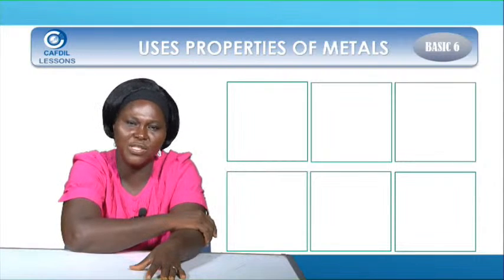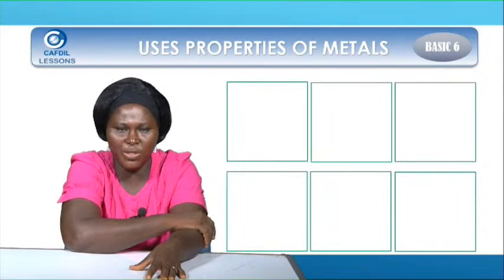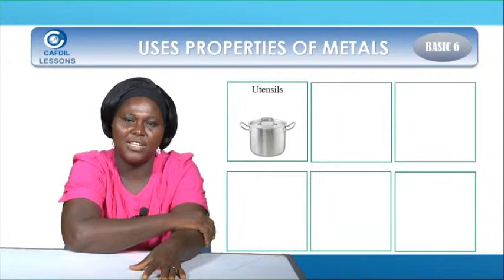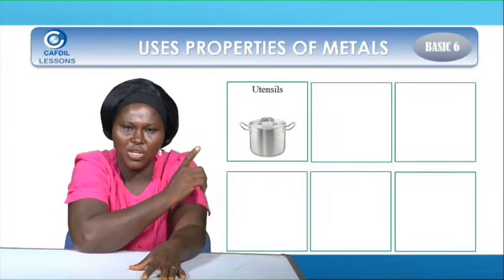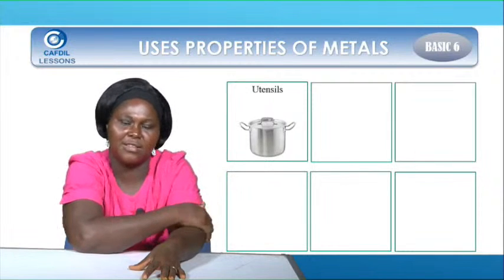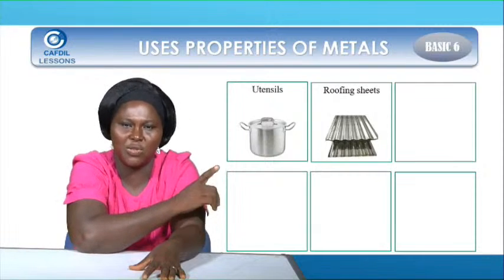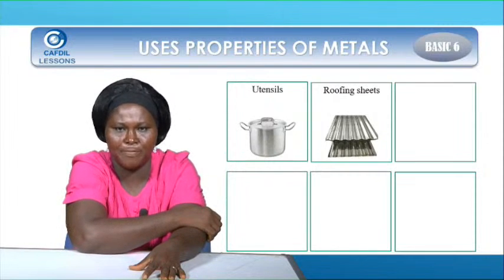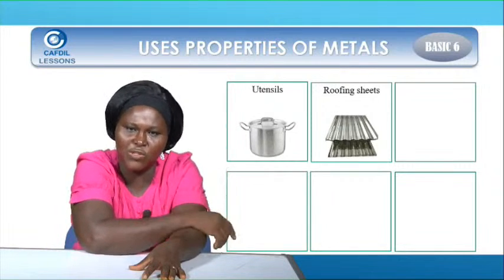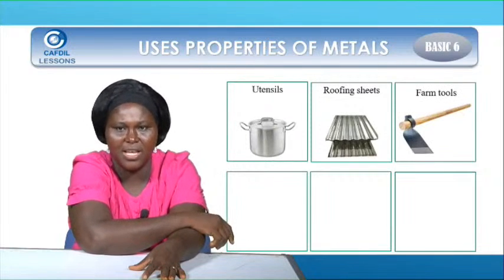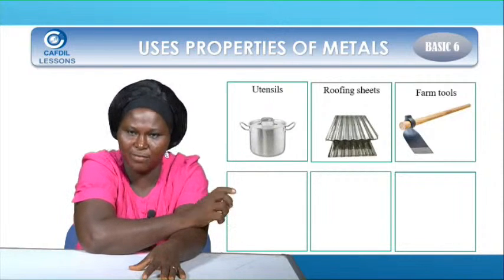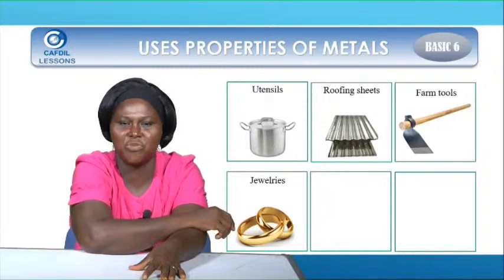And we looked at the uses of metals. The first one is using metals to make utensils, because they are good conductors of heat. Roofing sheets, because we can beat them into sheets. Farm tools, as we have the hoe on our screen.